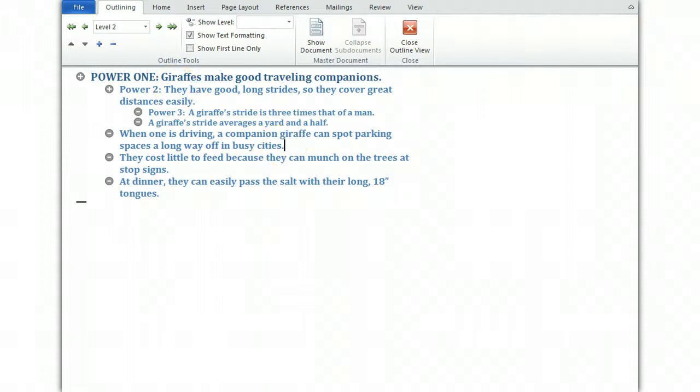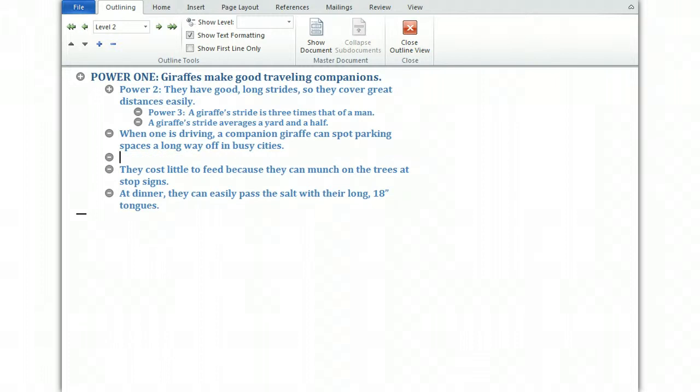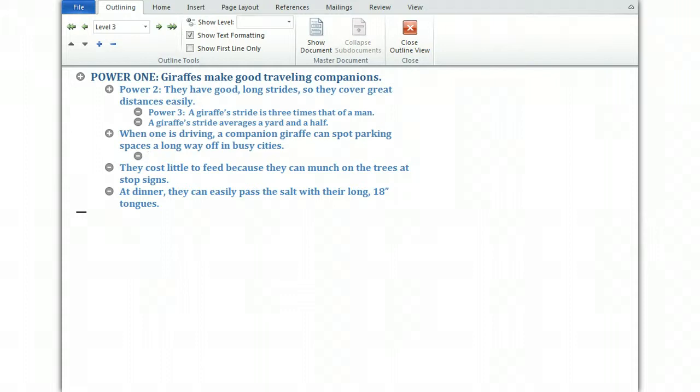Let's move down under the second Power 2 sentence and hit return and hit tab, which brings it in to indicate that this also is going to be a Power 3 sentence, but this one is about when one is driving, a companion giraffe can spot parking spaces a long way off in busy cities. Well, okay, a long way off in busy cities. Let's say something about a busy city we know something about.